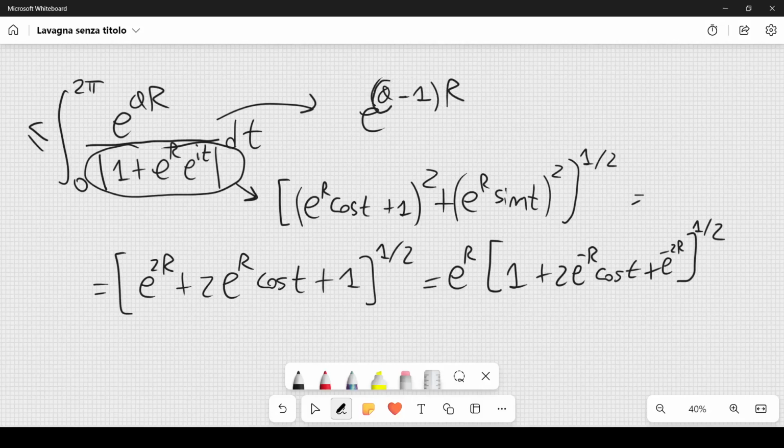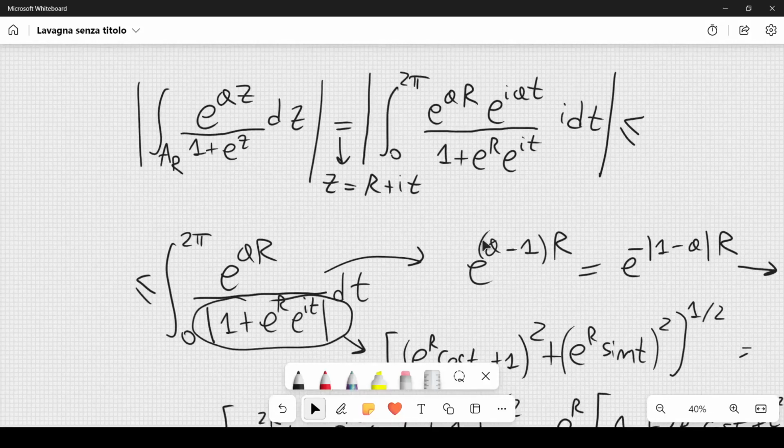And if you remember, a is a constant between 0 and 1, which cannot be equal to 0, and it cannot be equal to 1 either. So this exponential can be written as e to the minus mod of 1 minus a r. 1 minus a is positive, so I can also eliminate this mod or magnitude. So you can see that this will go to 0 as r goes to infinity. It's quite easy to see.